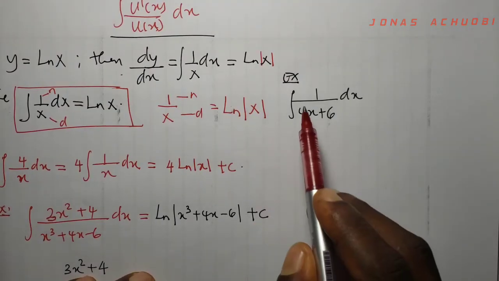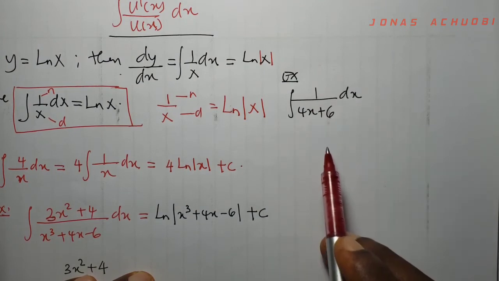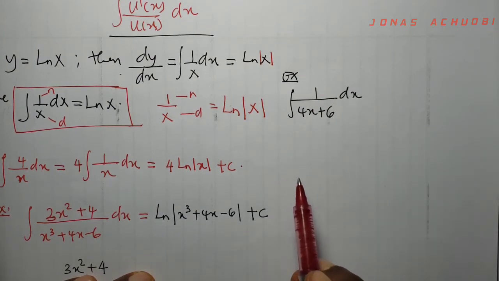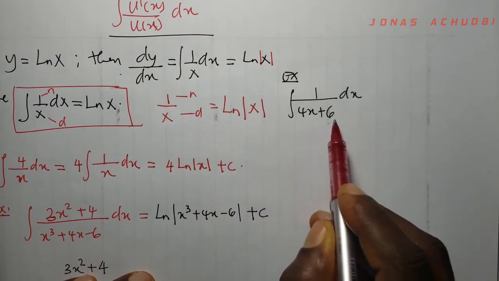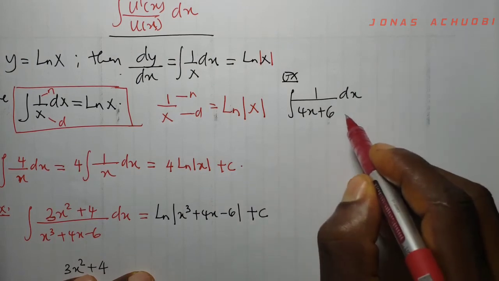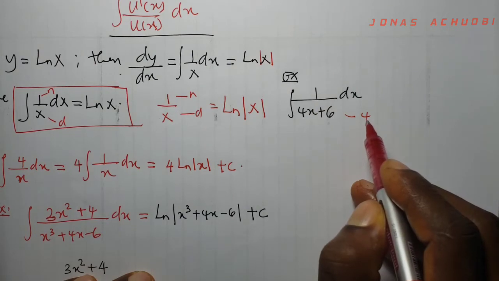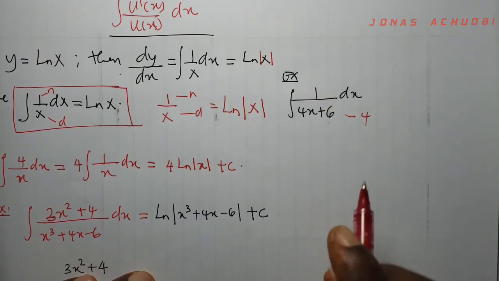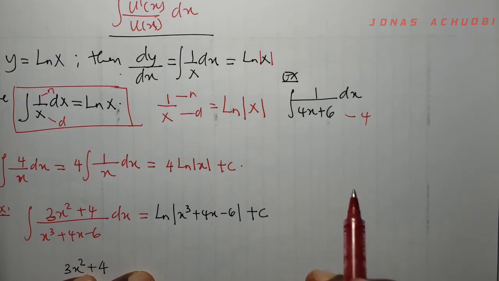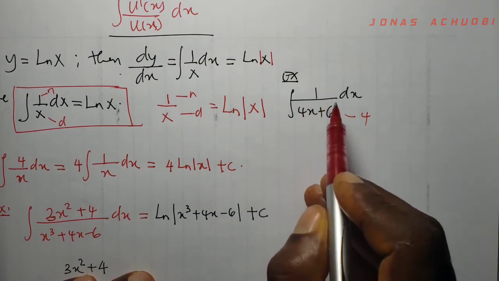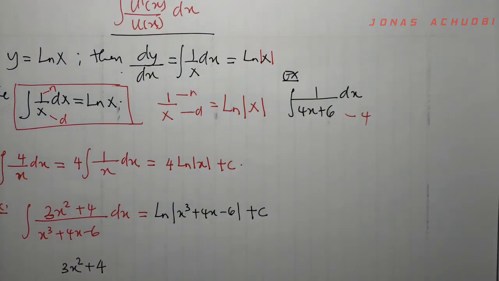The next example, integrate 1 over 4x plus 6 with respect to x. Let us check again if we can apply this technique we are learning just now. If we differentiate the denominator, which is 4x plus 6, what do we get? We get 4. And the numerator is 1, not 4. So it appears as though this technique cannot be applied, which is true. However, it is possible to rearrange this equation in such a way that this technique remains possible, as follows.